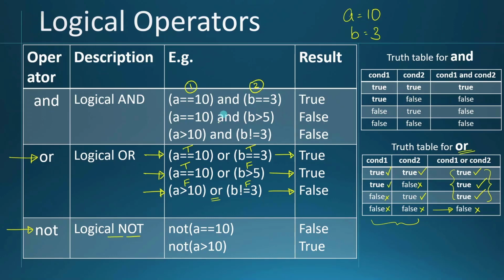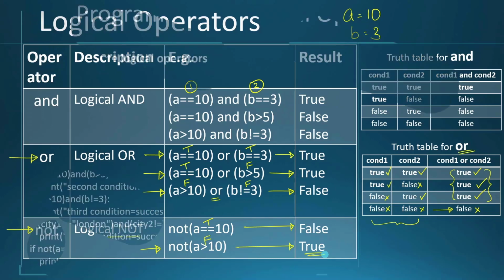First let me check whether a is equal to 10. You can see this is true, but I put a NOT on top of that true, so the result is going to be false. It will invert true to false. Now in the next example, a greater than 10 is false. So you put a NOT on top of that, and the final result is going to be true. That's why I told you that you can invert false to true and true to false using the logical NOT operator.